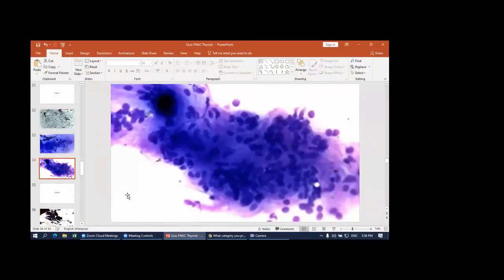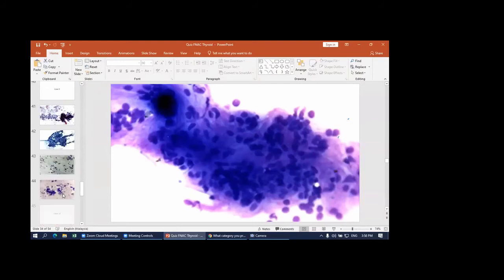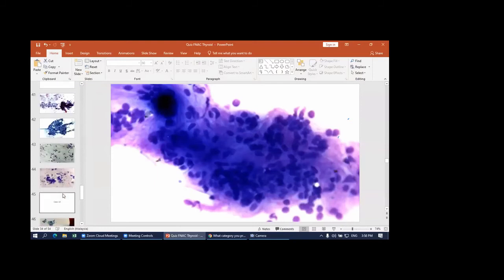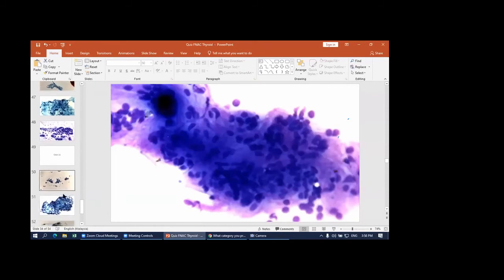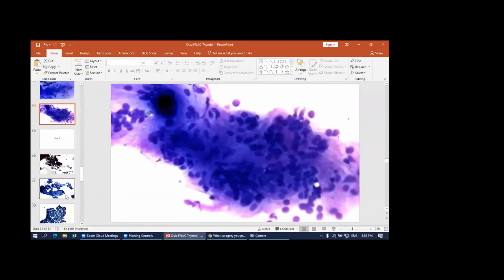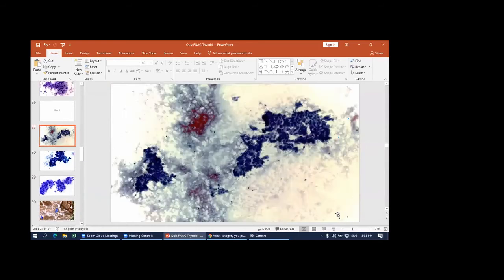Mind you, the cellularity of the one that I showed you before is actually very cellular. Okay, this is case 6.